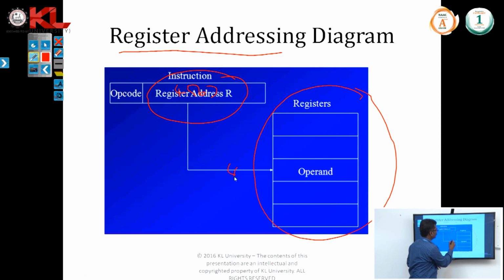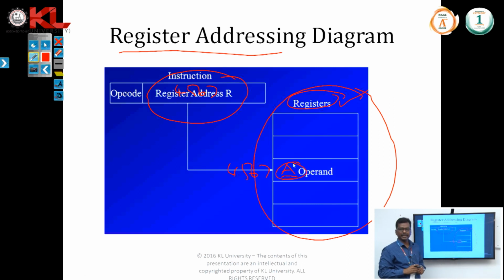So in 4567 we are going to have the actual location of that particular operand or data A. Instead of memory, as in the case of the previous addressing modes, now you are going to refer to the registers. That means the CPU is going to locate the register locations to find this particular operand A.